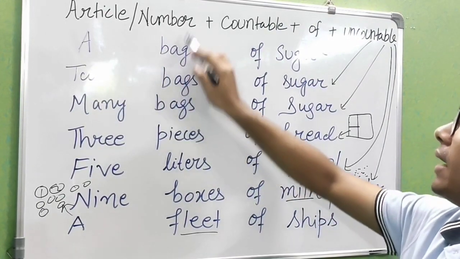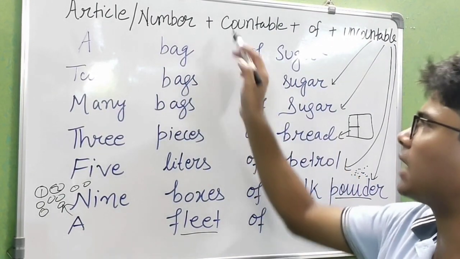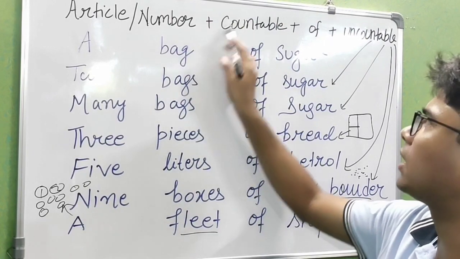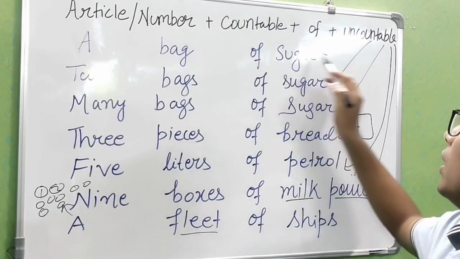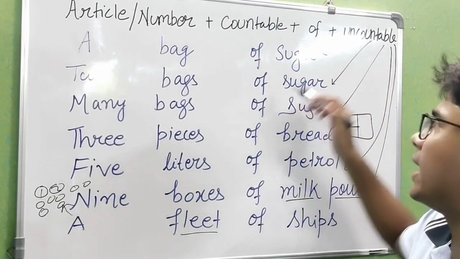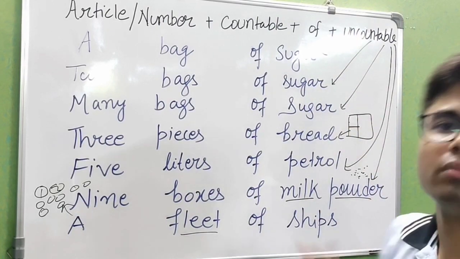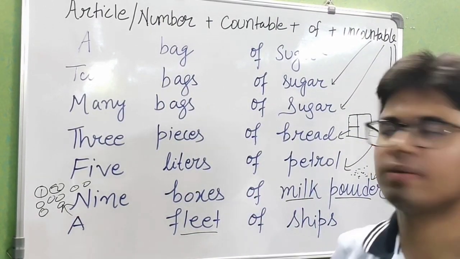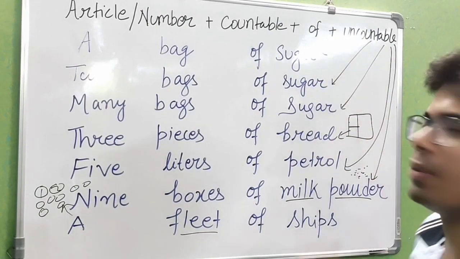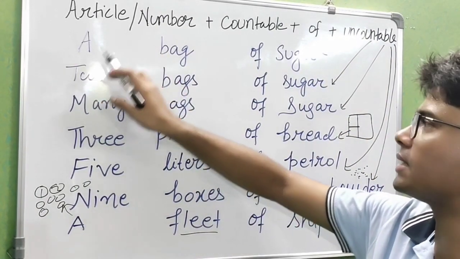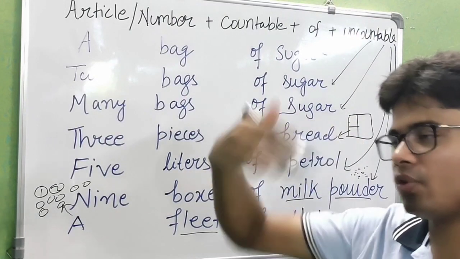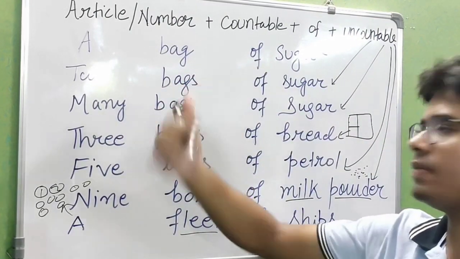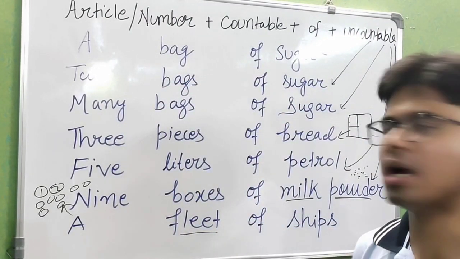Bag is a countable noun. Of sugar: sugar is uncountable, it cannot be calculated. We cannot say how many sugars are there. So sugar is an uncountable noun. You have to use it this way in order to write one collective noun. What is that?